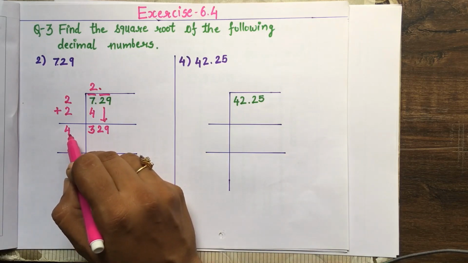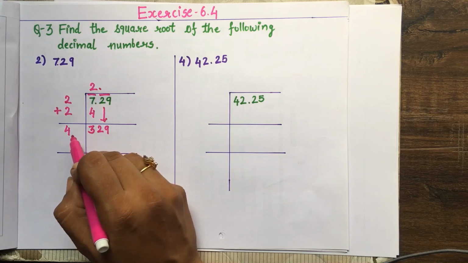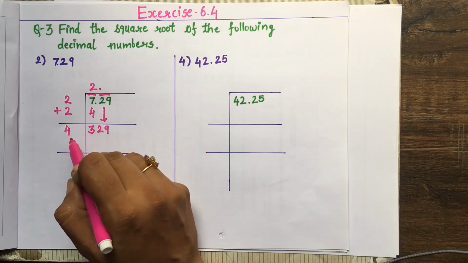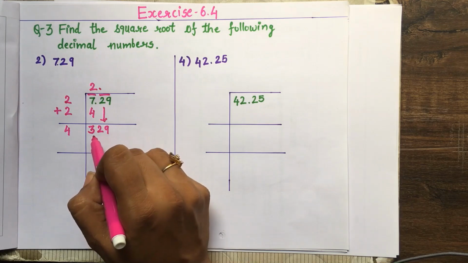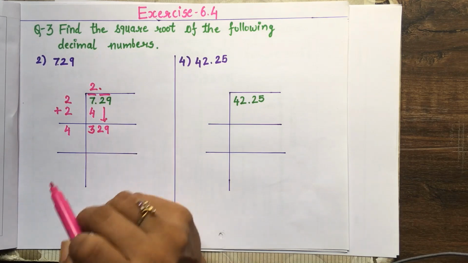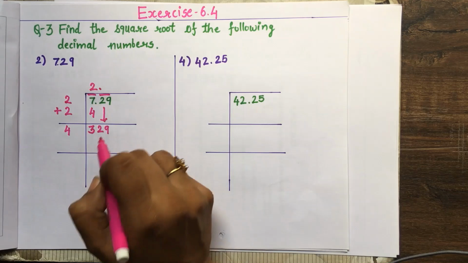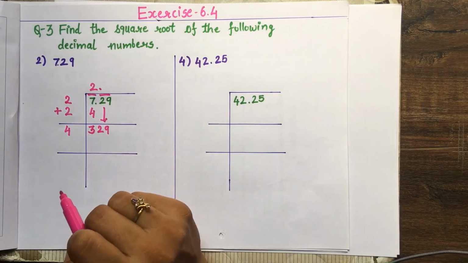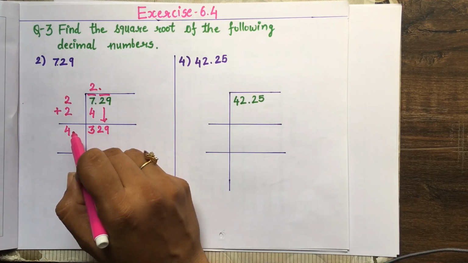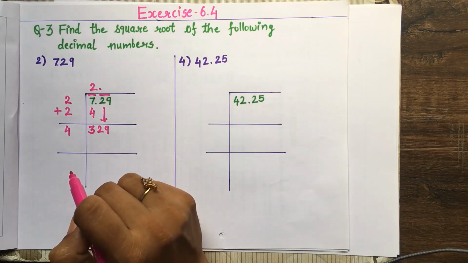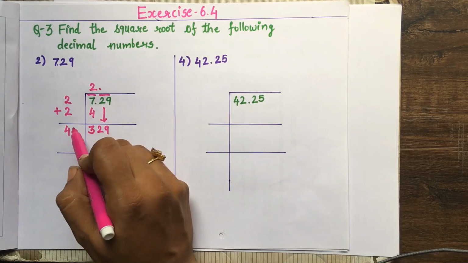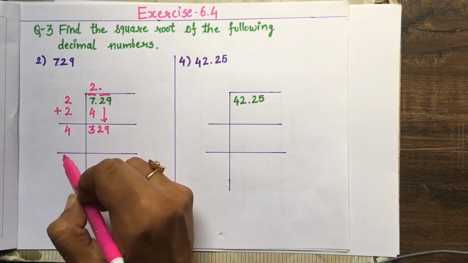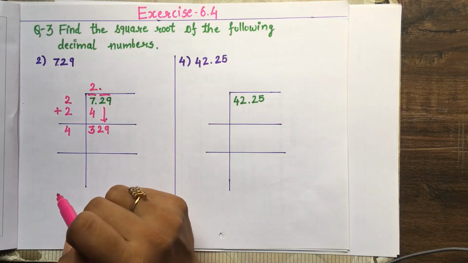Now the next step is to search for a number such that the product of the new number with the same digit will be smaller than or equal to 329. Here we have 9 in the unit place, so either the number can be 3, because 3 3s are 9, or the number can be 7, because 7 7s are 49. So we can take 43 into 3, or we can take 47 into 7.